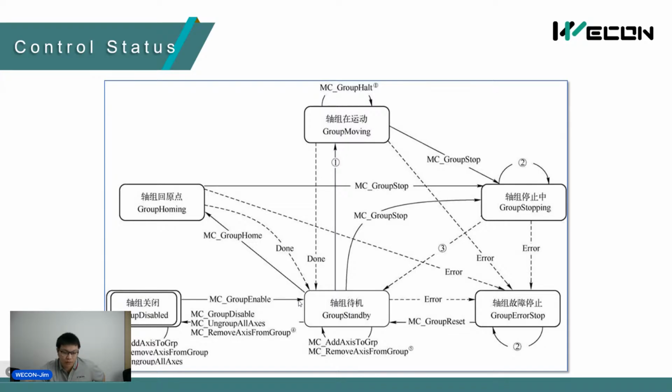And if you use some function block, for example, MC home group home, it will change to group homing status. And if you use group stop to stop the current movement, the group will change to group stopping status and finally go back to group standby status after the stopping operation is finished.